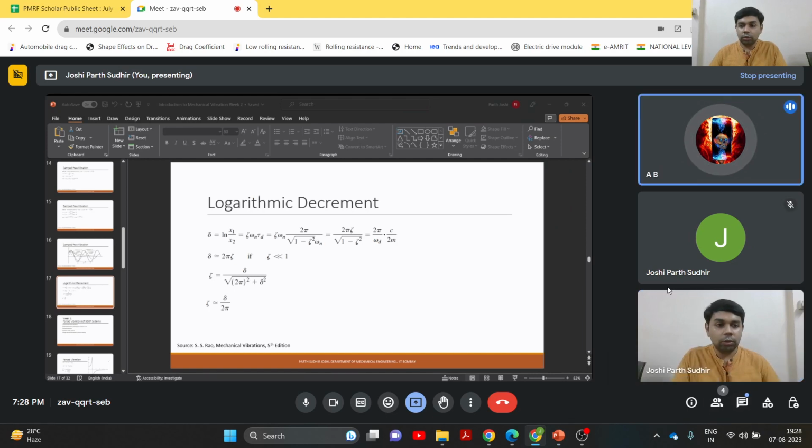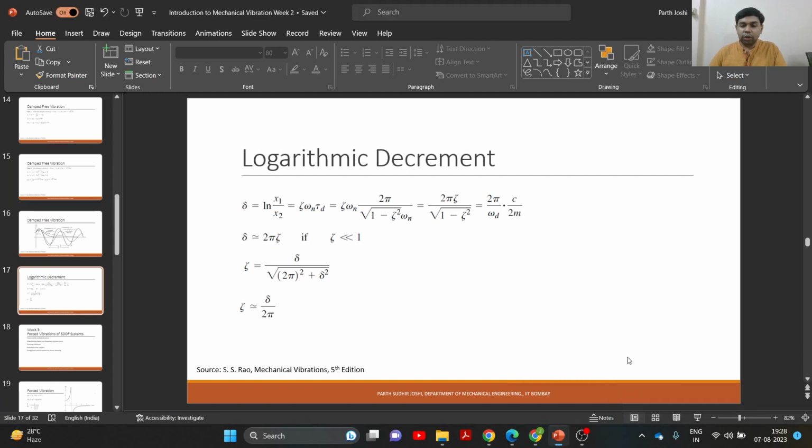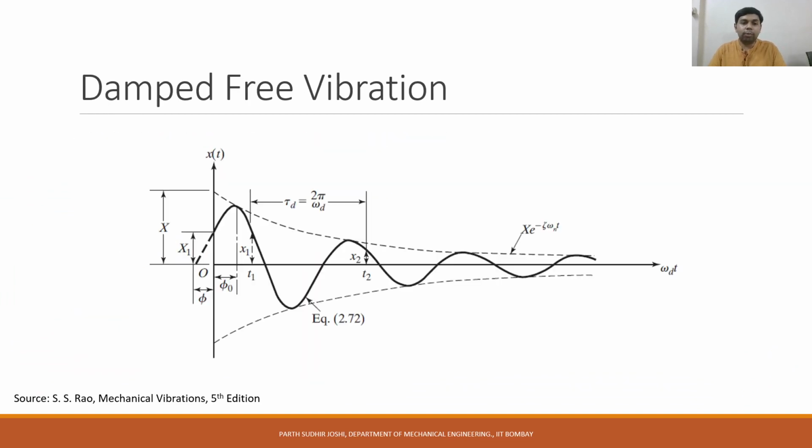Sir, is this X1 and X2 determined by time interval, or is it a fixed point? No, so if we record the amplitude of vibrations through some sensor, and we try to plot it, we can take this amplitude x1 at any time in the cycle. It can be at any point in a certain cycle, and then we note the corresponding point x2 after one complete cycle starting from x1.